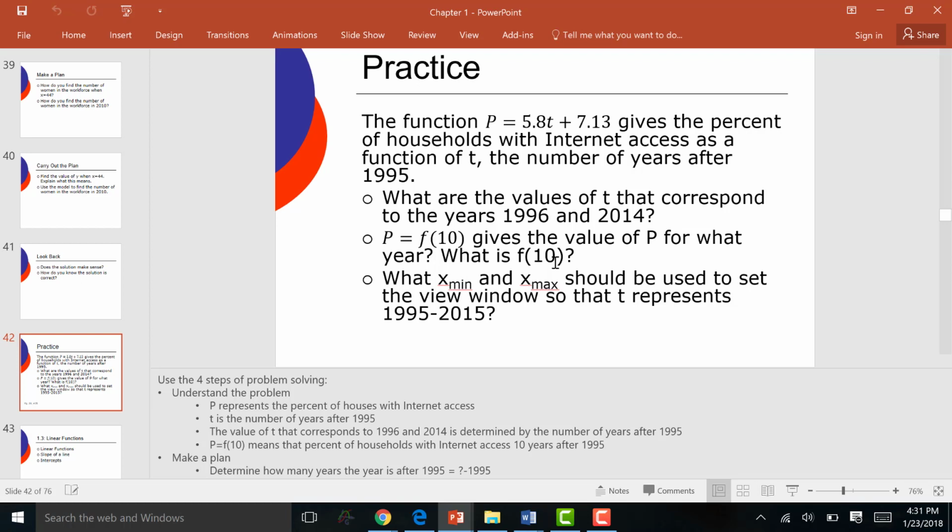And if we say 2015, what are you going to plug into the equation if I ask you what percent had internet access in 2015? 20. I plug in 20. Of course, they didn't ask us that question in that particular one, but that's exactly what you would be doing.